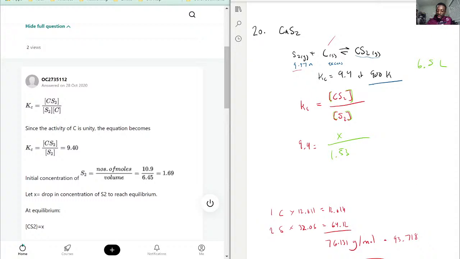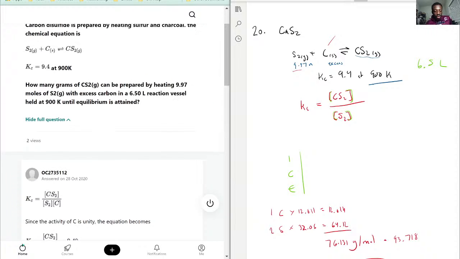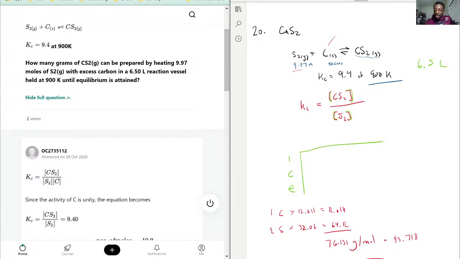That is what we were forgetting here, because we don't know if it's just a ratio like that. We have actually initial, change, equilibrium concentrations, okay, and the first amount was 9.97 moles. So if this was S2 and this was CS2, we have 9.97 as the initial.